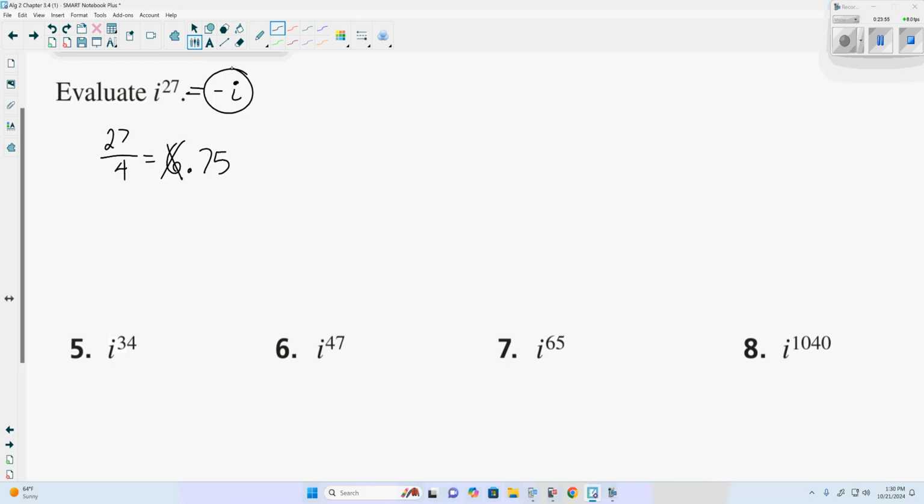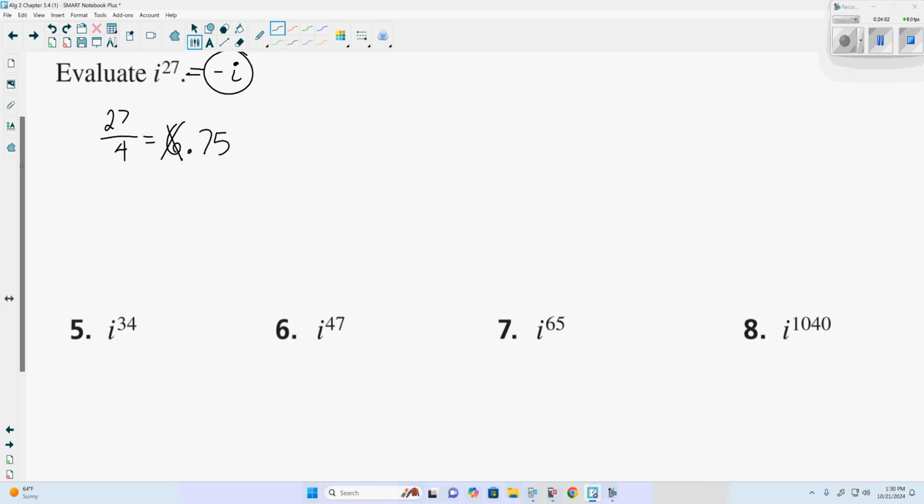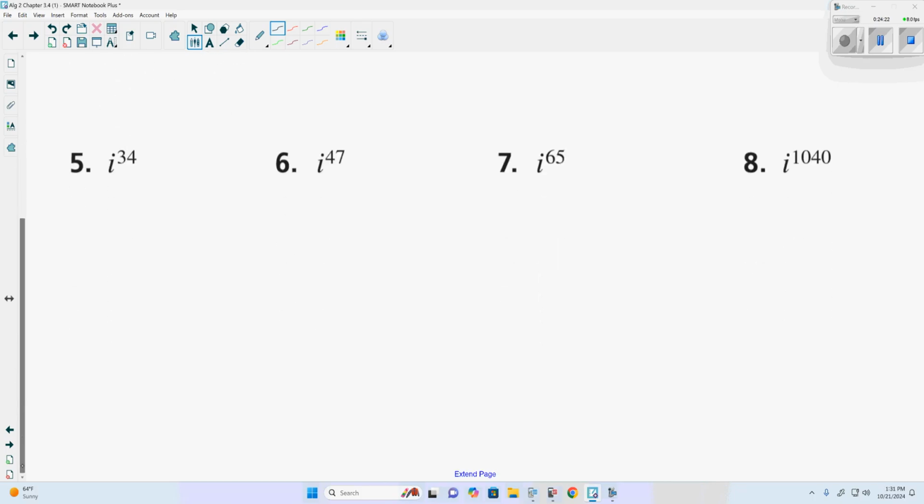Questions on this here? Questions all? Okay. Let's look at the next one, i to the 34th. So we're going to take 34 and divide it by 4.